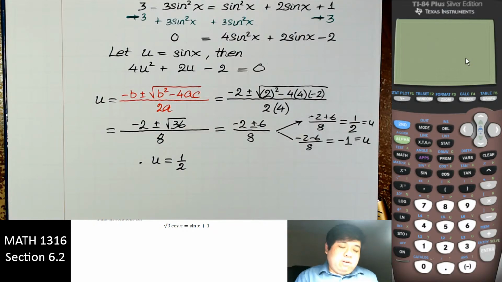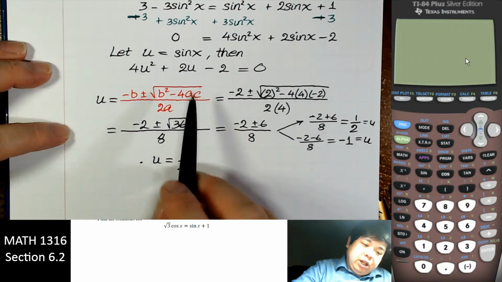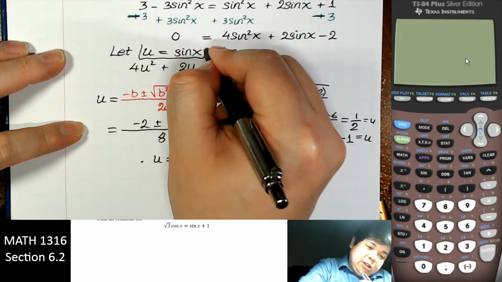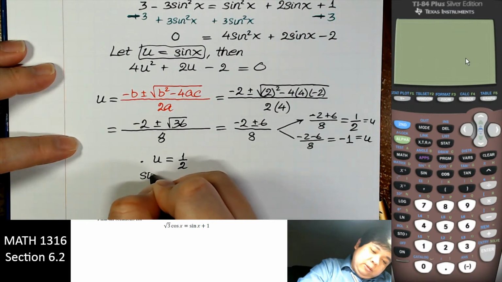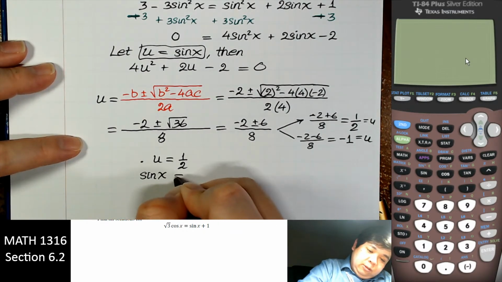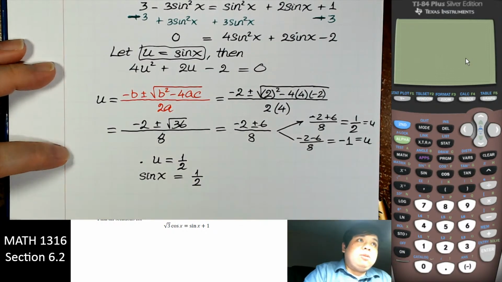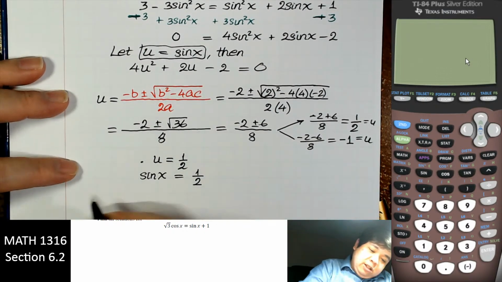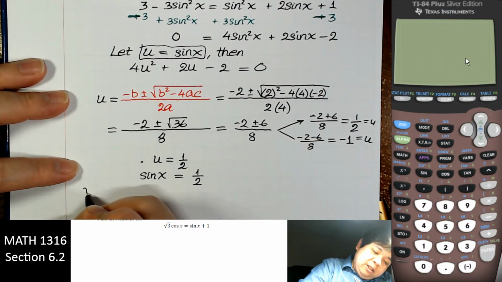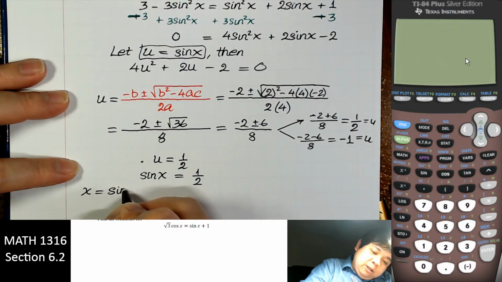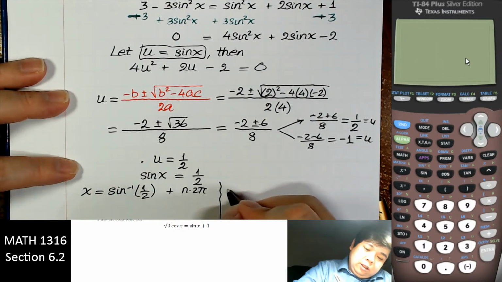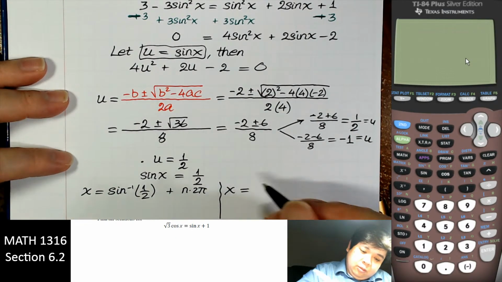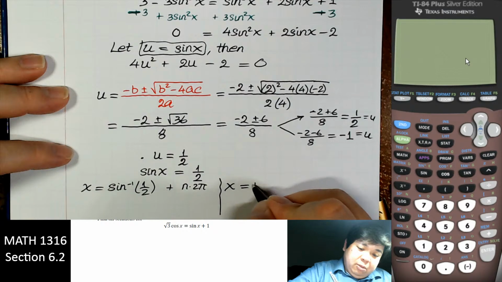U equals 1/2, and u is equal to sine, so we have the inverse and then we have the supplement.